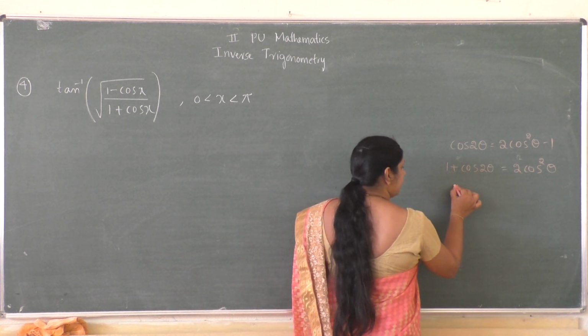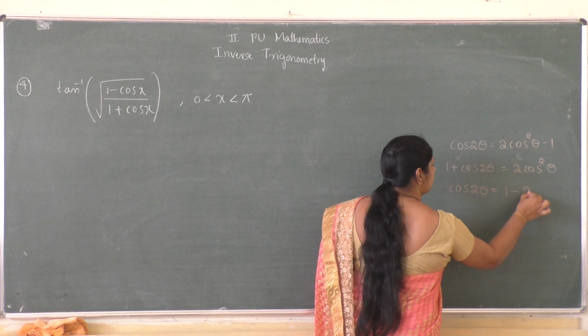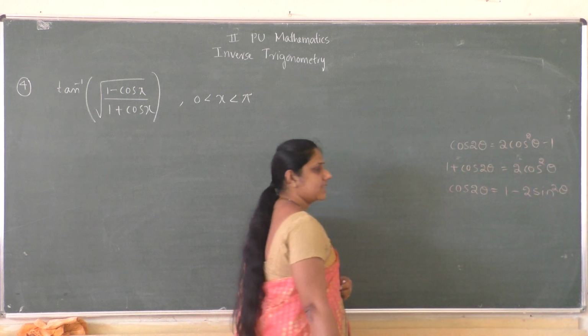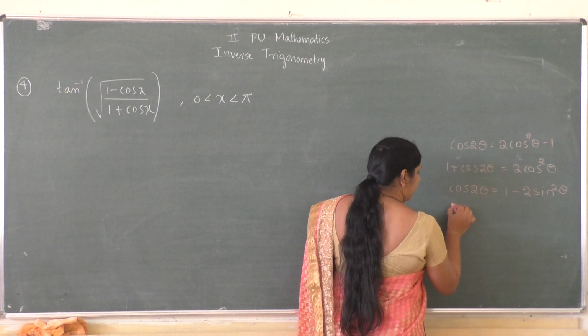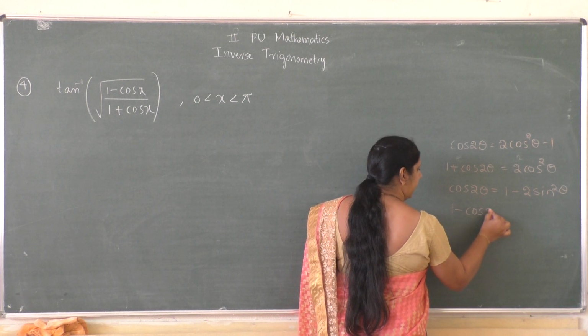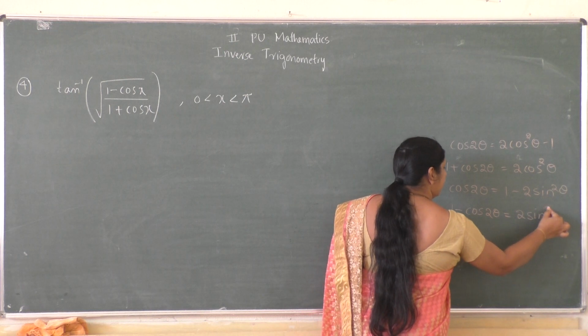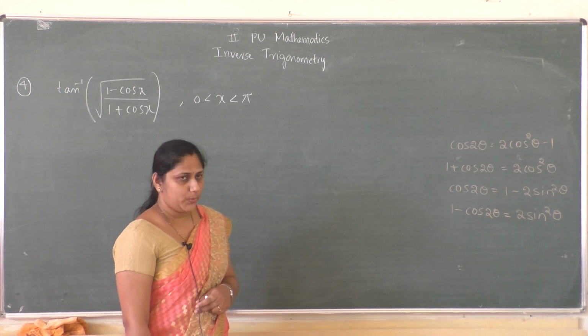Similarly, cos 2 theta in terms of sin theta is 1 minus 2 sin square theta. On rearranging we get 1 minus cos 2 theta will be equal to 2 sin square theta.